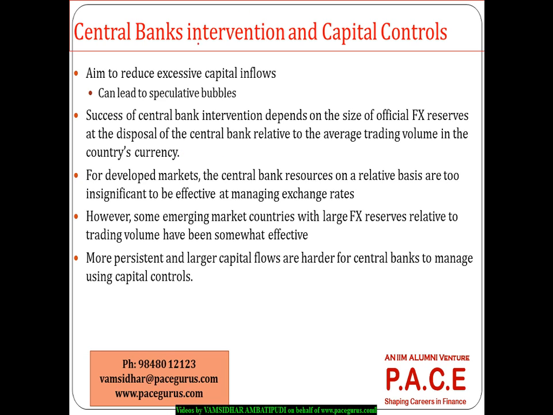The major intention of any control being brought in, especially with respect to foreign markets, is to reduce excessive capital inflows, especially into emerging markets, which, as I said earlier, could lead very heavily into speculative bubbles. So the intention is to make sure that the domestic currency does not appreciate that aggressively.